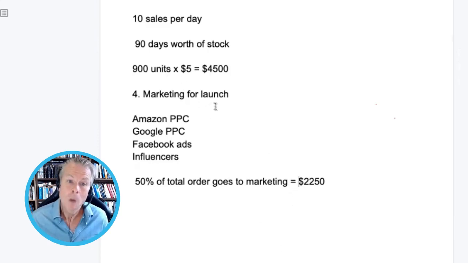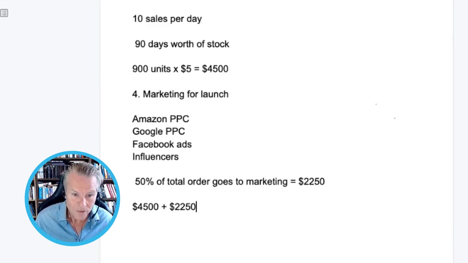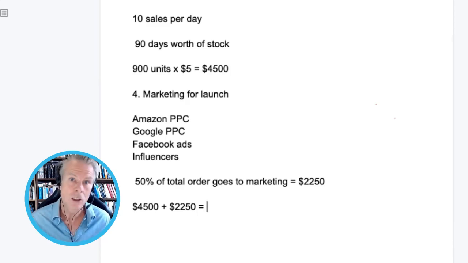All right, so marketing for launch, depending on what you've got, 2,250. So now we know 4,500 for our initial unit cost, a landed cost of the product, plus 2,250. So now we know roughly what is the cost to launch the product onto Amazon, okay?